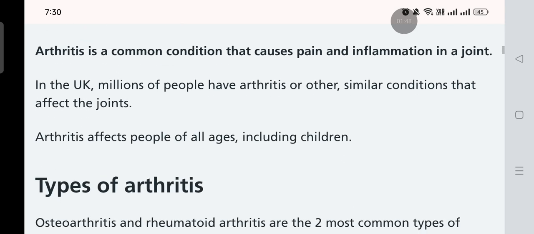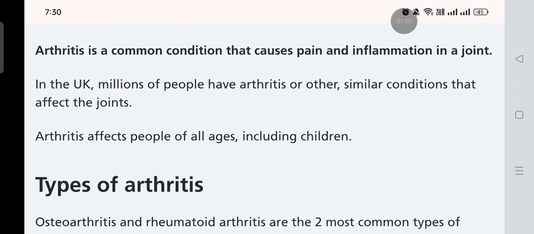Arthritis is a common disease that causes pain and inflammation in a joint. In the UK, millions of people have arthritis or other similar conditions that affect the joints.